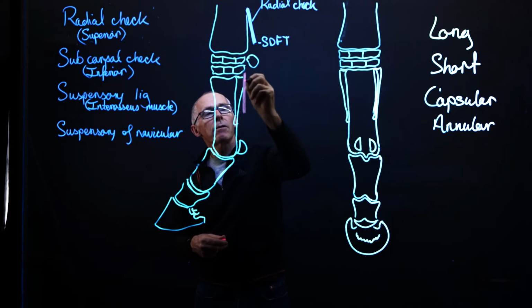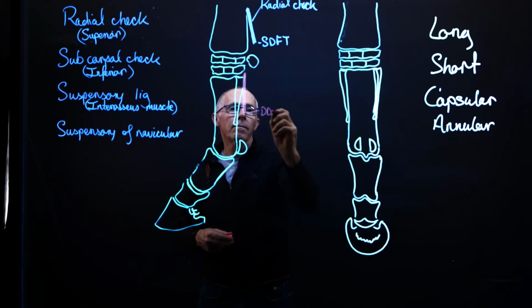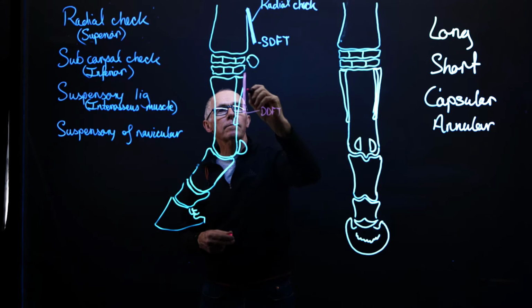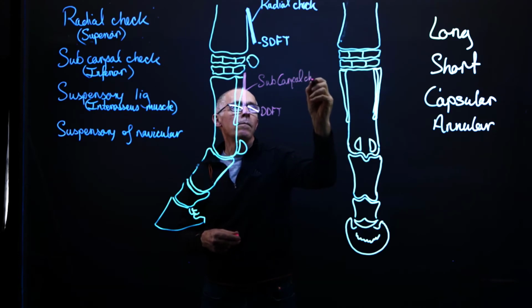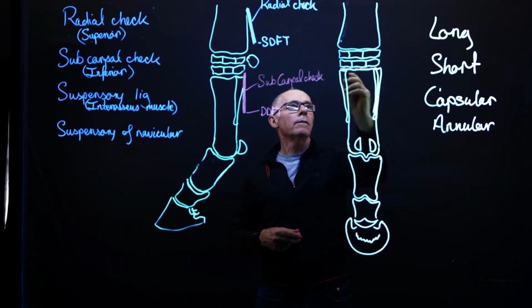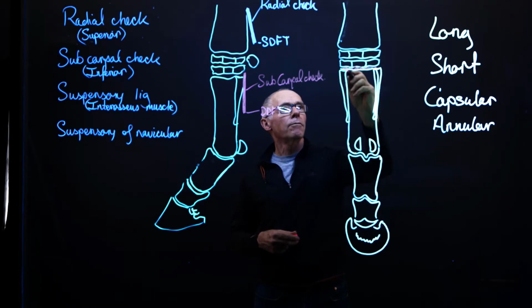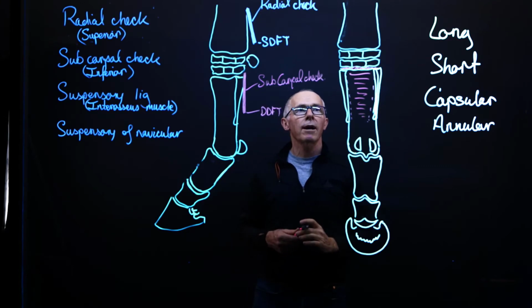And this is a bigger ligament than the radial check. So it originates along here and runs down in this region and is quite a thick round strap.